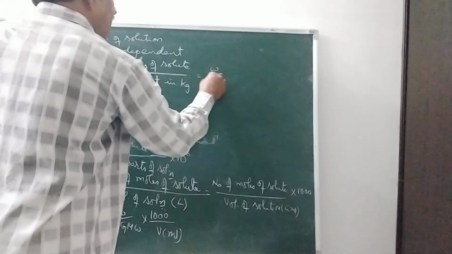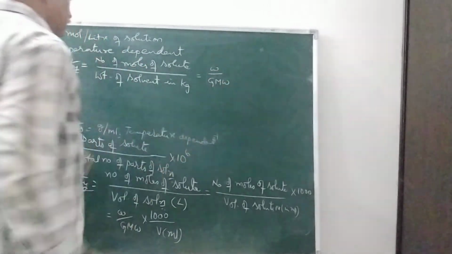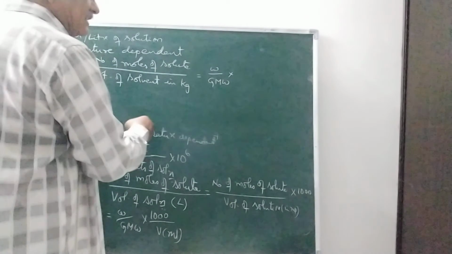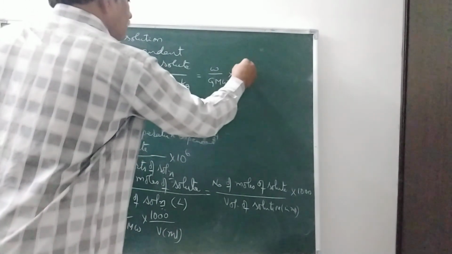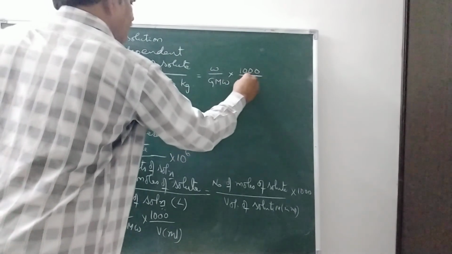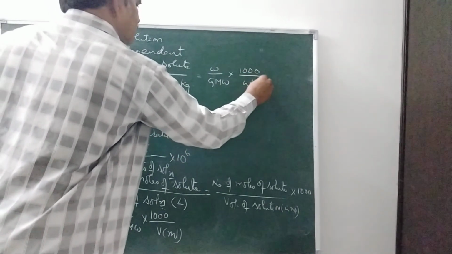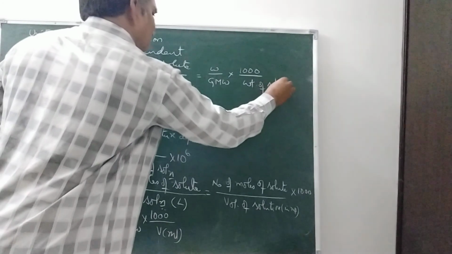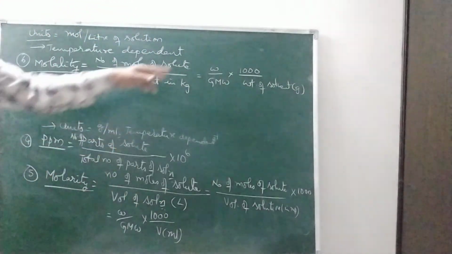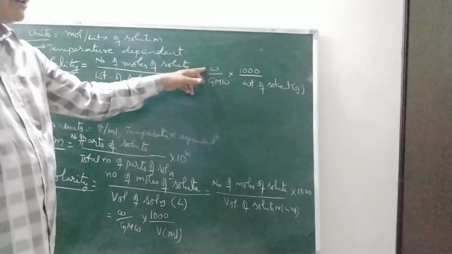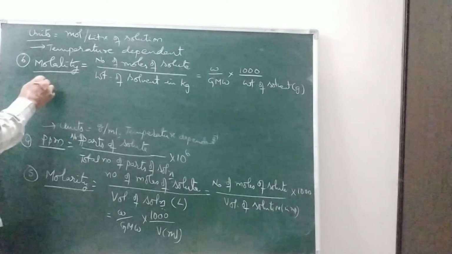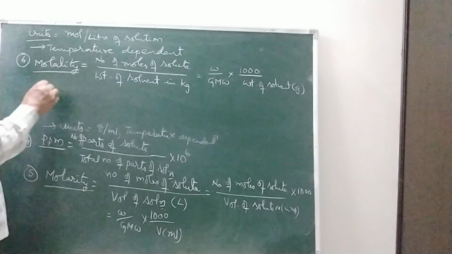Weight of solute by gram molecular weight of solute, by weight of solvent in kgs. Or if it is given in grams, that becomes W by weight of solvent in grams. Okay. So small w is weight of solute. Here weight of solvent. Right. If we take units for molality.